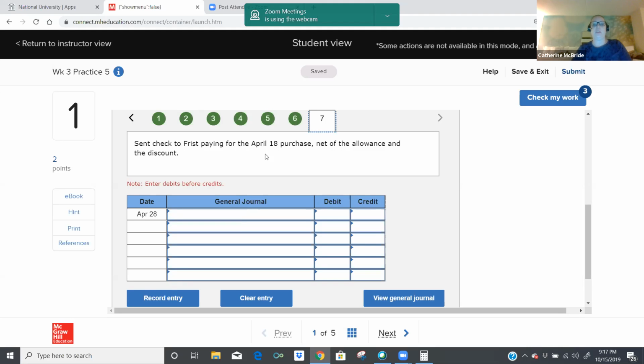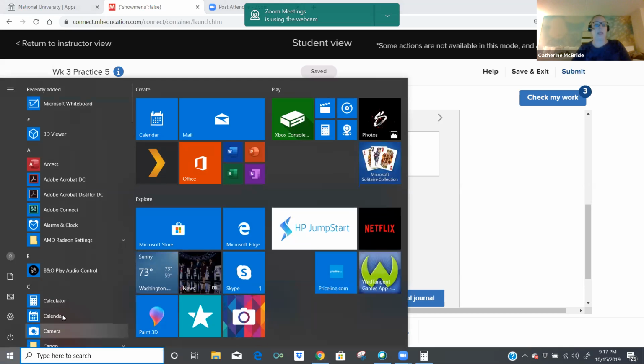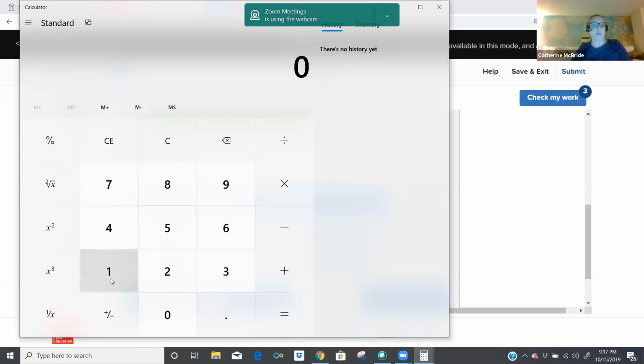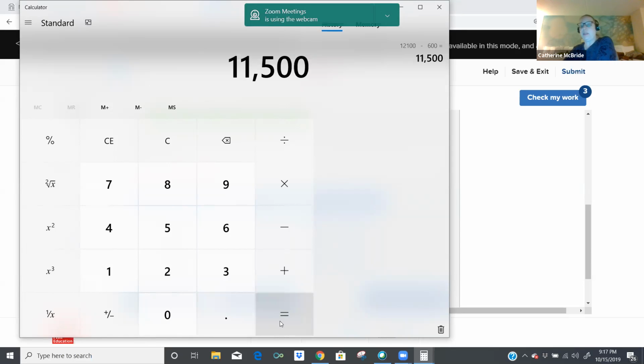Last but not least, we sent a check net of the allowance for the discount. So we started out owing them $12,100, but we got a $600 credit. So now we owe them $11,500.